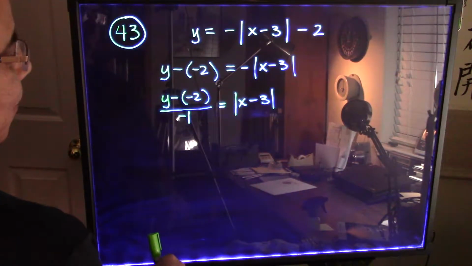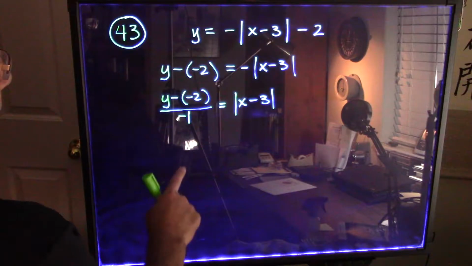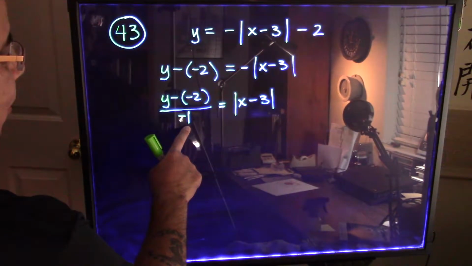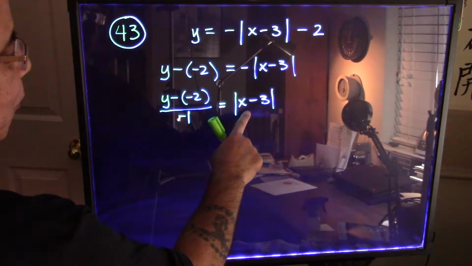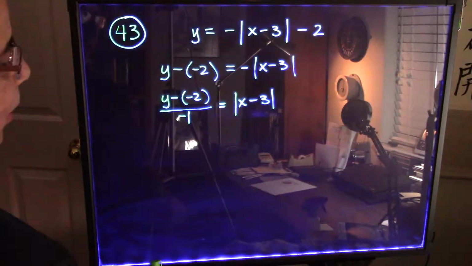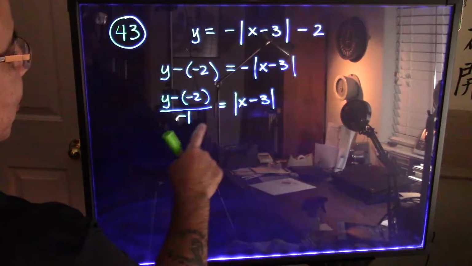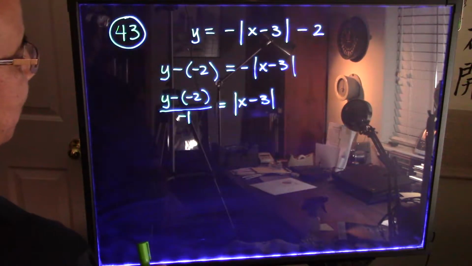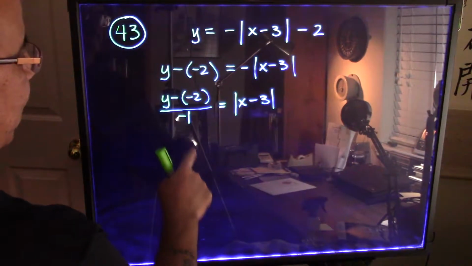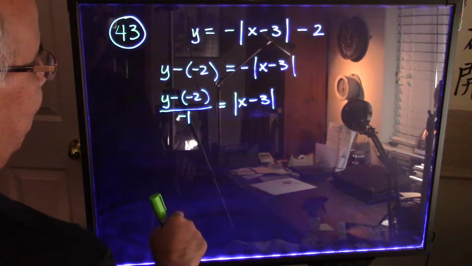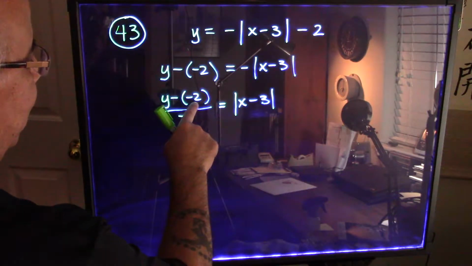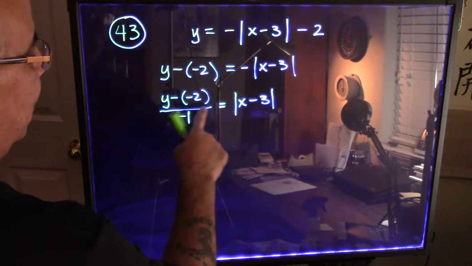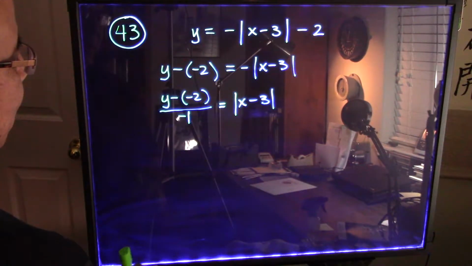Alright, now you do the reflecting and the stretching and shrinking first. If there was something going on over here as well, as far as stretching, shrinking, or reflecting, you could do either one of those first. But do those before you do the shifting. Alright, and then after we've reflected, you can take care of the shifts. You can do either one of those first, it doesn't matter.